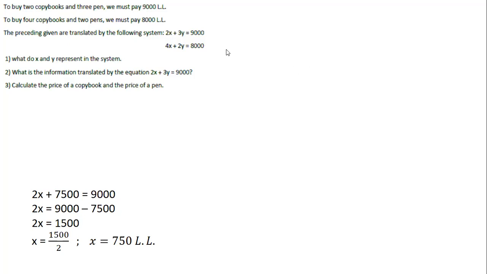So what is x in the system, ya Sarah? The number of copybooks. And what does y represent? The number of pens. So as Sarah said, x represents the number of copybooks and y represents the price of 1 pen.